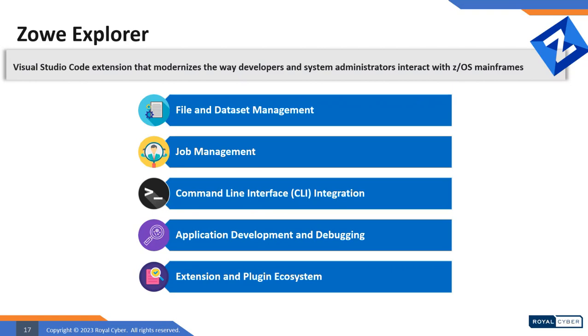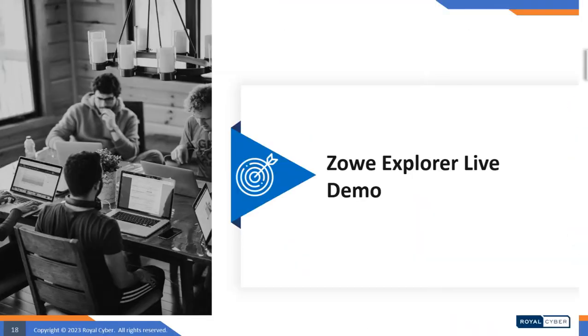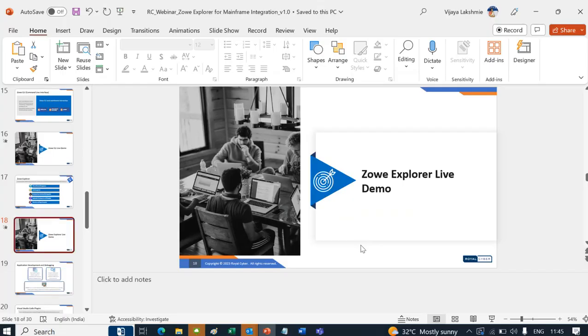With this, you can do file or dataset management, job management, and it can also work as a command level interface integration, and application development debugging can be done in a much better way. It also has additional plugins for the complete ecosystem. Let's get into the live demo here.